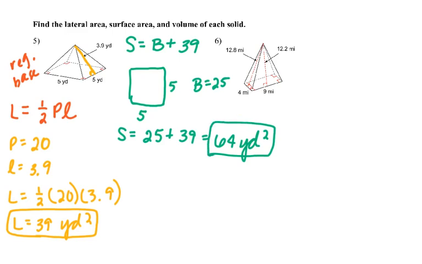Okay, and then we have our volume. And our volume is 1/3 times the area of the base times the height of the solid. Now the problem here is that we don't actually have the height of the solid, so we need to find it.